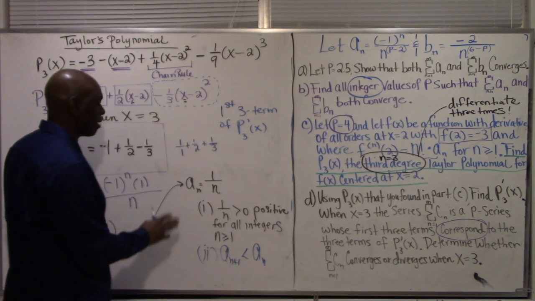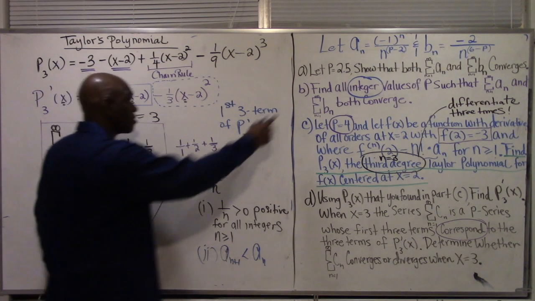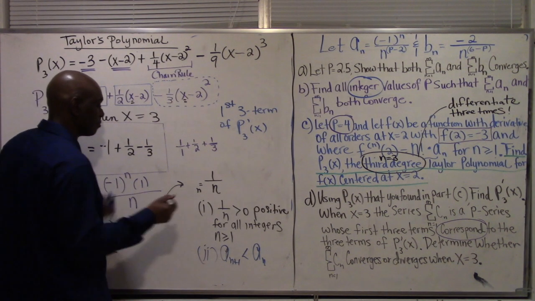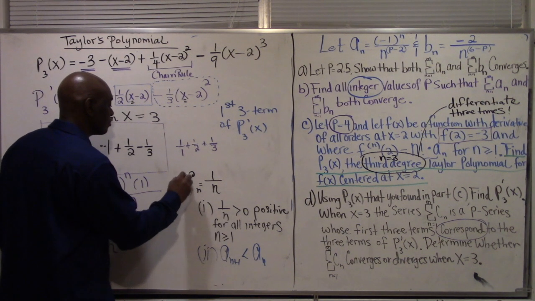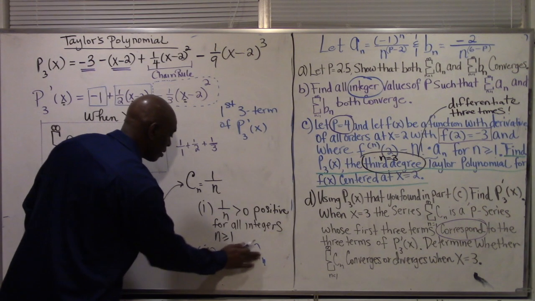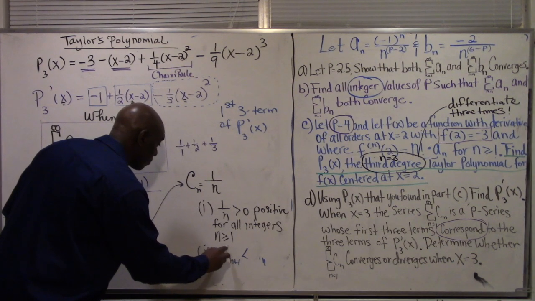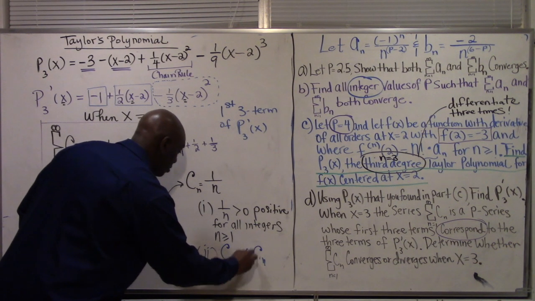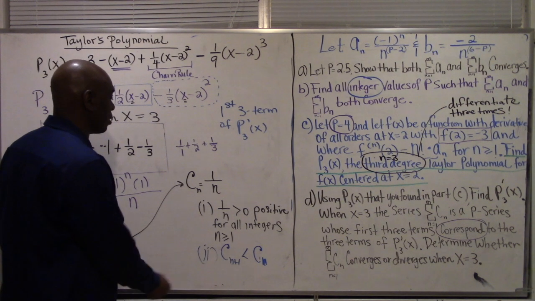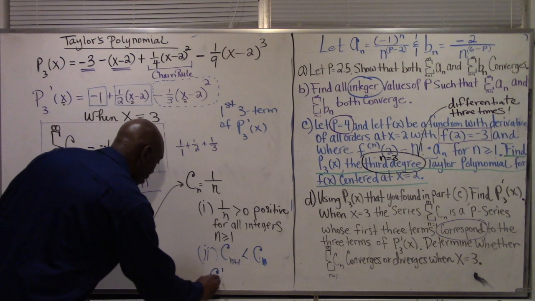Oh wait, I'm sorry. Let's not call it an. An is this one. Call it what it is. It's Cn. So this also should be a C. Not an A. Make it a C. Cn plus 1 and Cn. Alright, let's see if it's decreasing. What's our derivative here?